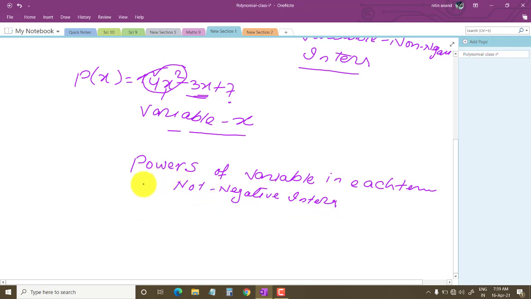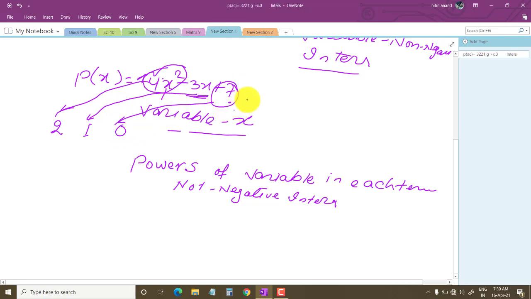Now we talk about the power of the variable. In this term, 4x square, its power is 2. Now in this term the power is 1. And this is the constant term; suppose we take its power as 0.